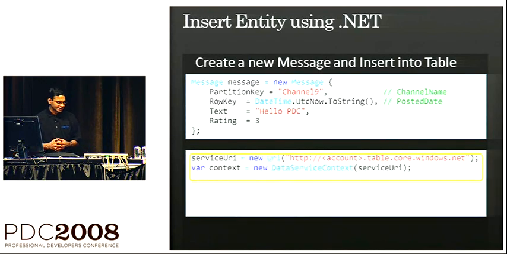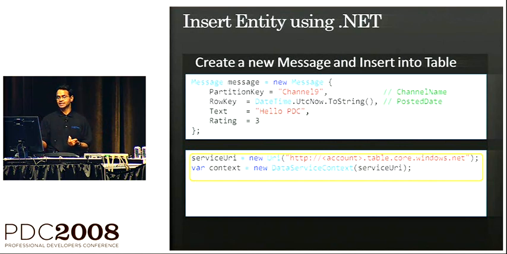Next, anytime you use ADO.NET Data Services, you have to create this data service context. If you've used many SQL APIs, you can think of this as representing the connection to the Windows Azure table servers. When you create a data service context, you have to specify the URI for the service. And why do I mention this URI? Throughout this talk, you'll have to remember 3 different URIs.